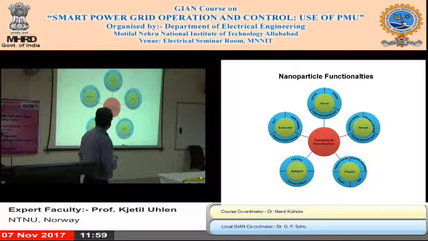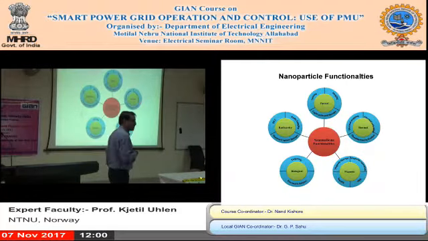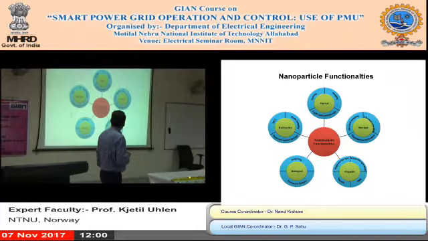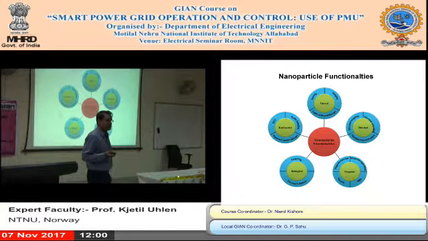Then you can also make those nanoparticles thermoresponsive, thermally, okay? And so we can tailor their thermal characteristics for either thermal imaging or for thermal activation of drug release or photothermal therapy, all three.